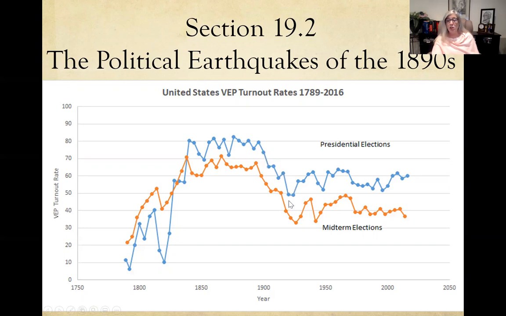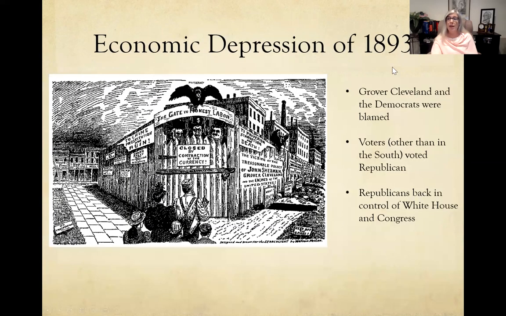And part of that has to do with corruption. Part of that has to do with the disenfranchisement, as we've talked about before, of African-American voters. And we've got problems here with access to voting and just people kind of being disillusioned with what the government can do for them. And then the other big crisis here of the 1890s is an economic depression.